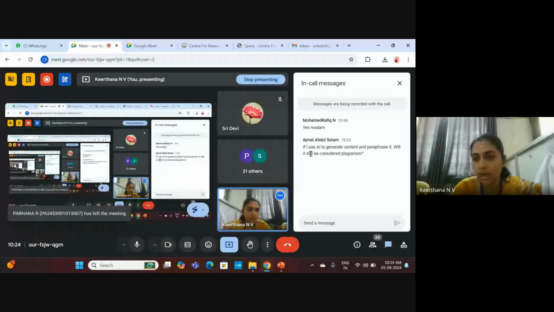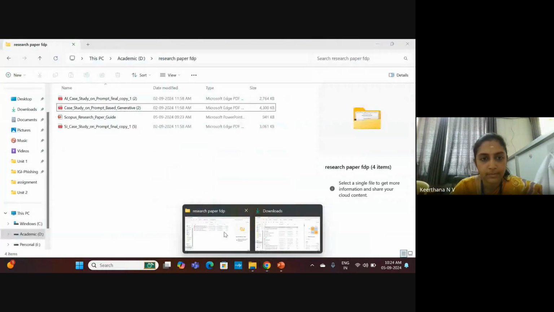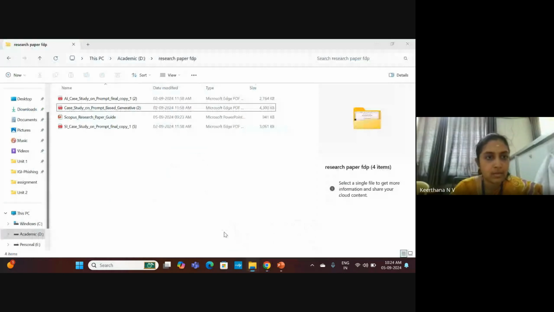If I use AI to generate content, yes, it will be considered plagiarism. Recently, about five years ago, if you used an AI rewriter tool, Turnitin would not find it. But now Turnitin is also updated.